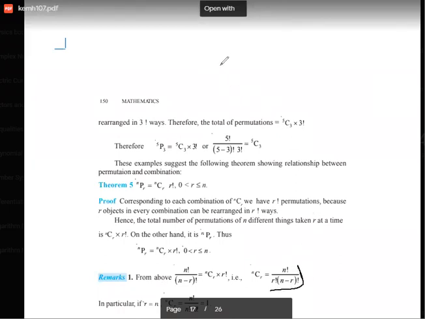Now, suppose I have 10C1 and 10C9, are they equal? Try to find it, everyone. Should 10C1 and 10C9 be equal? Think about it and let me know.